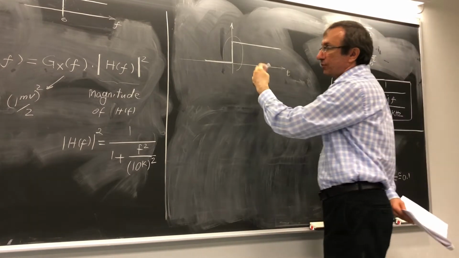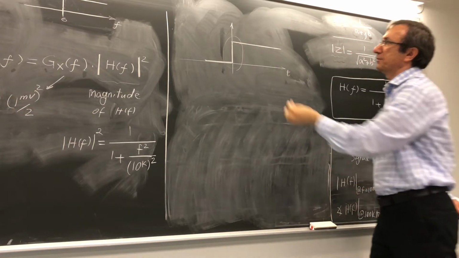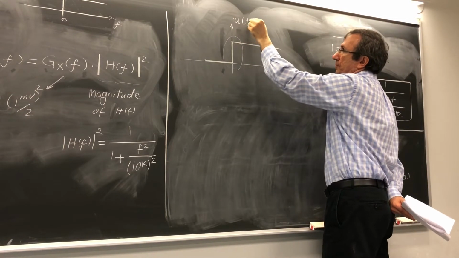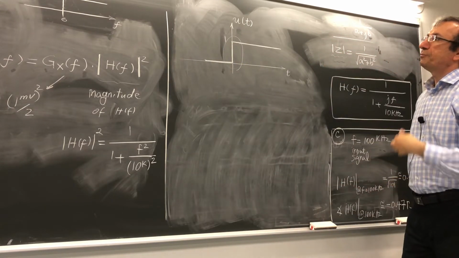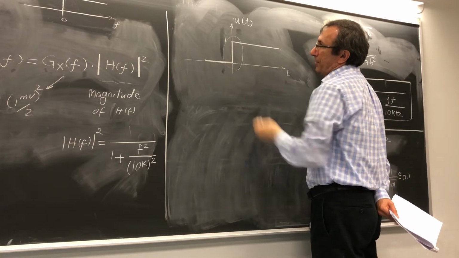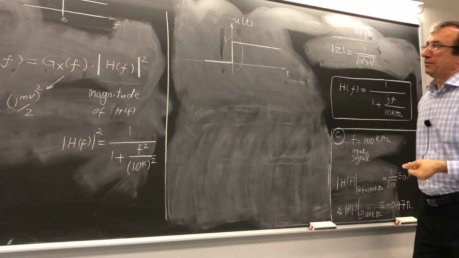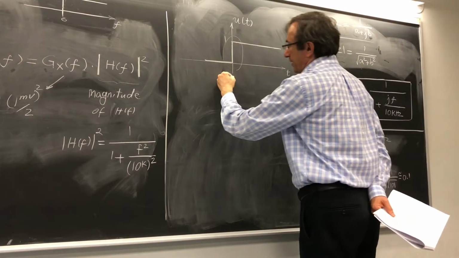So the Fourier transform of a step function usually brings terms into the analysis that give us some transient behavior at the output.